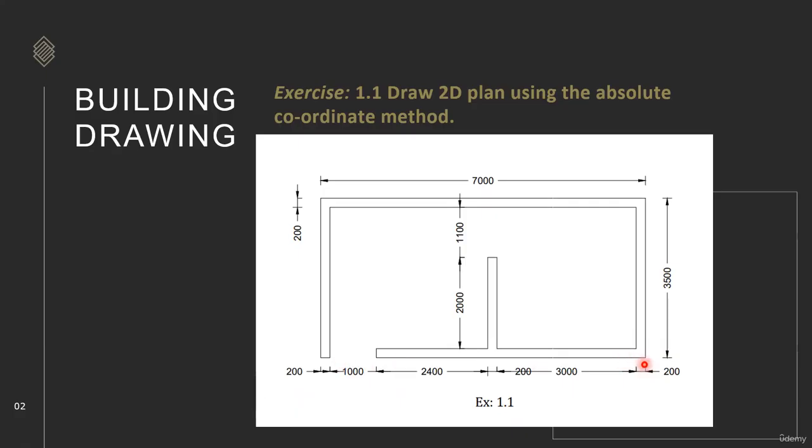X coordinate 7000 and y coordinate 0. So this is 0 comma 0, if we consider it. Next point, and the next point. Or else we can do it this way: if we consider 0 comma 0, then what happens?